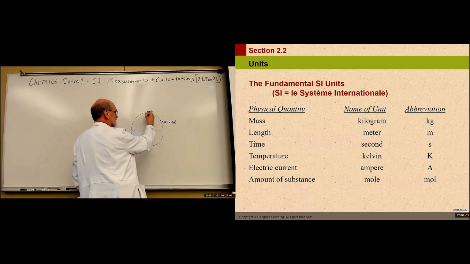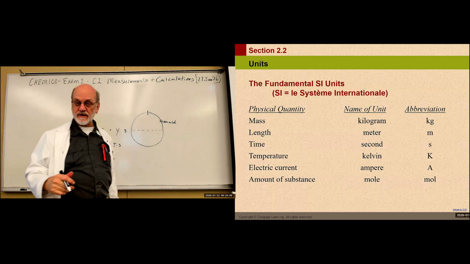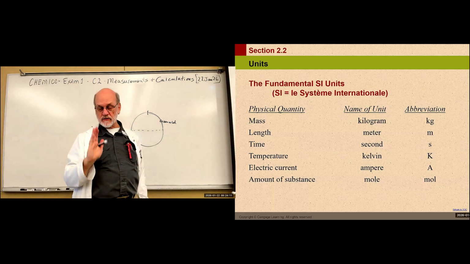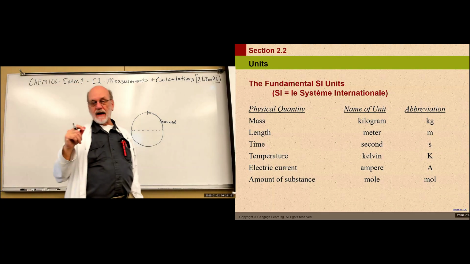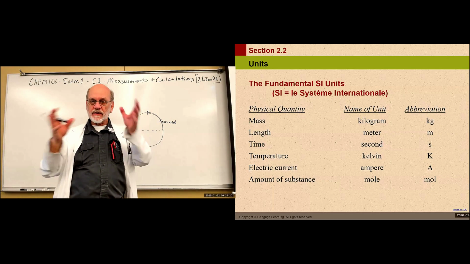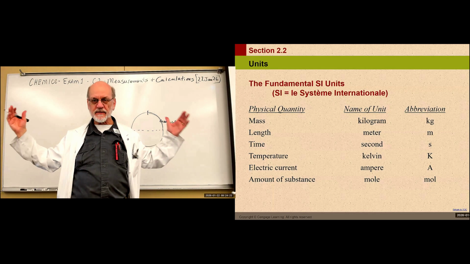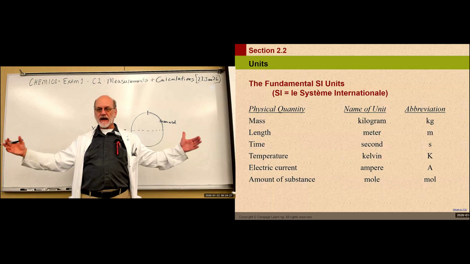The distance from here to here through Greenwich on that longitude is a certain value. And whatever unit you pick, we take that and subdivide it into smaller units until you get something that's manageable. So when I hold my hands out like this, that's about a meter.